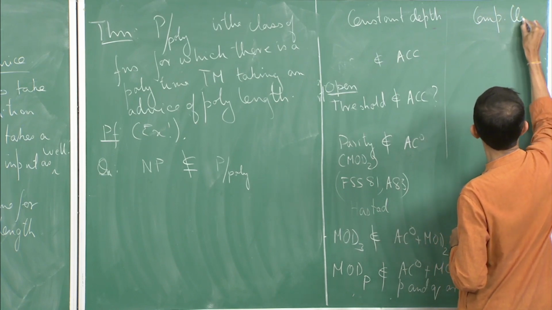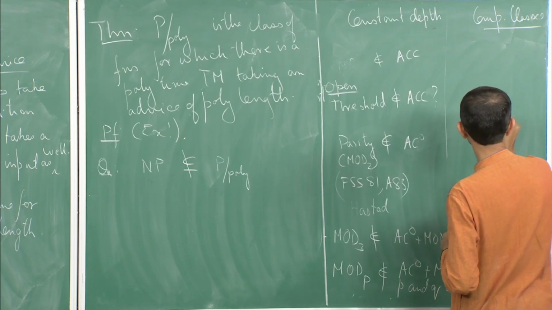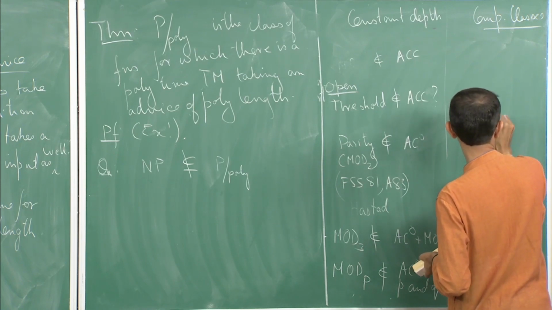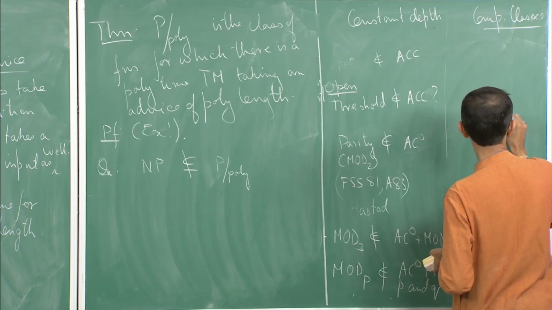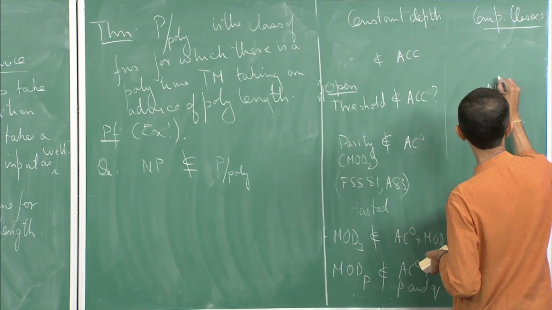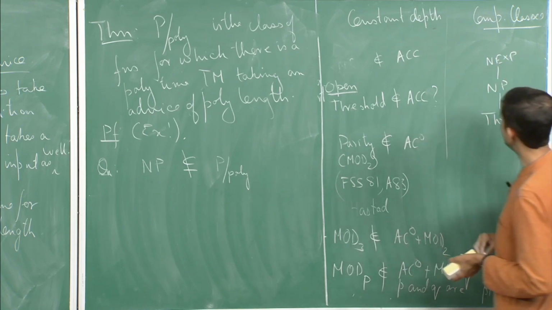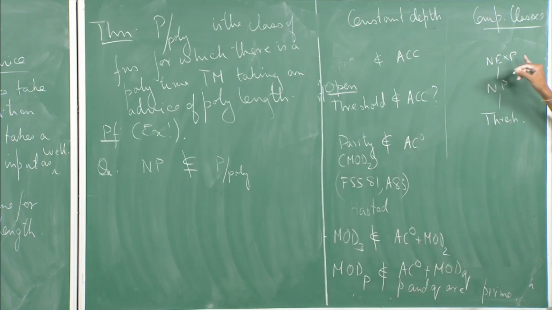These are the complexity classes. You have, let us say, the threshold function, then I can go to NP, I can go to NEXP. Even then we could not show that there is a NEXP function which is not in ACC.